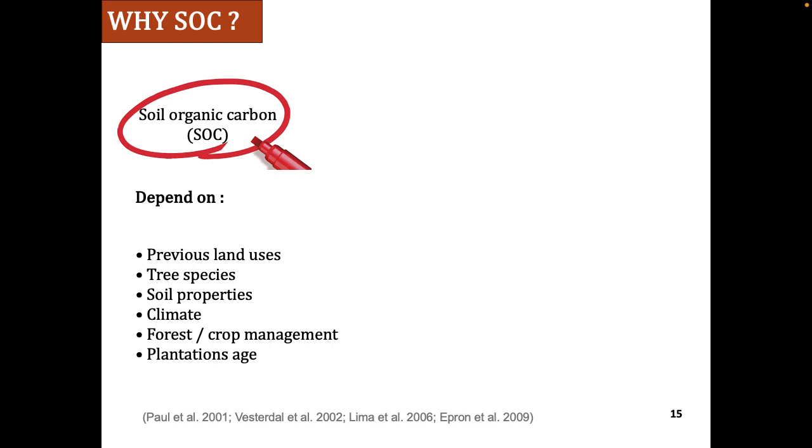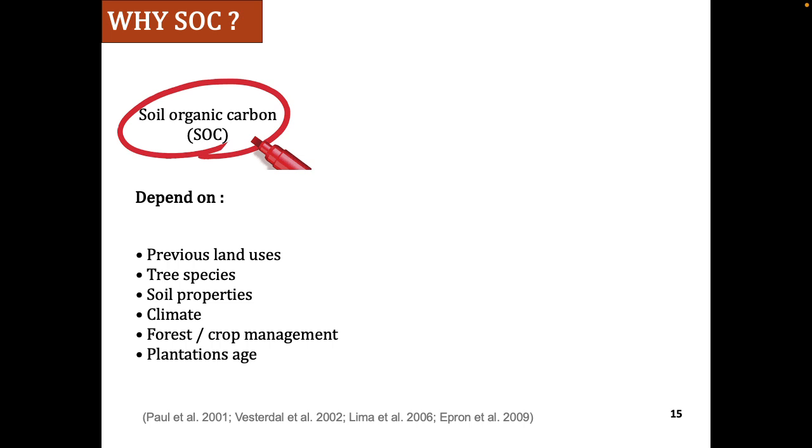It also depends on soil properties because, for example, a soil that is more clayey can conserve more carbon than a soil that is more sandy.